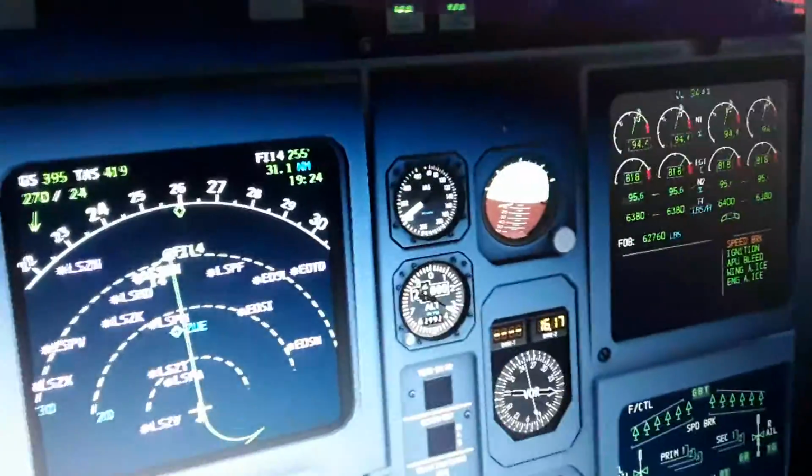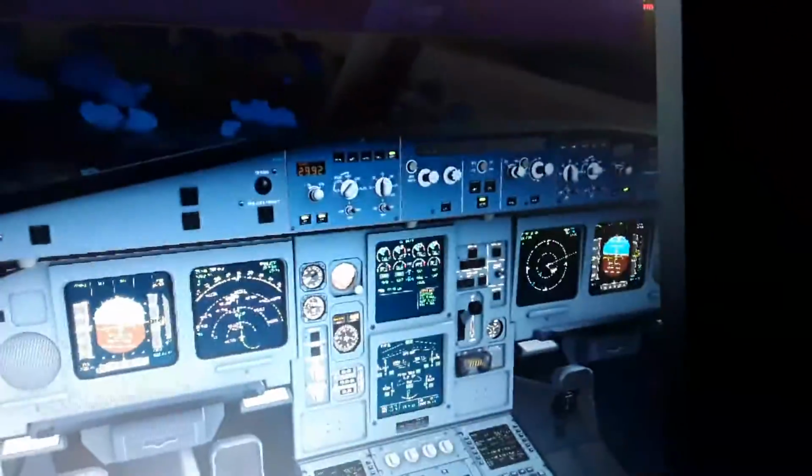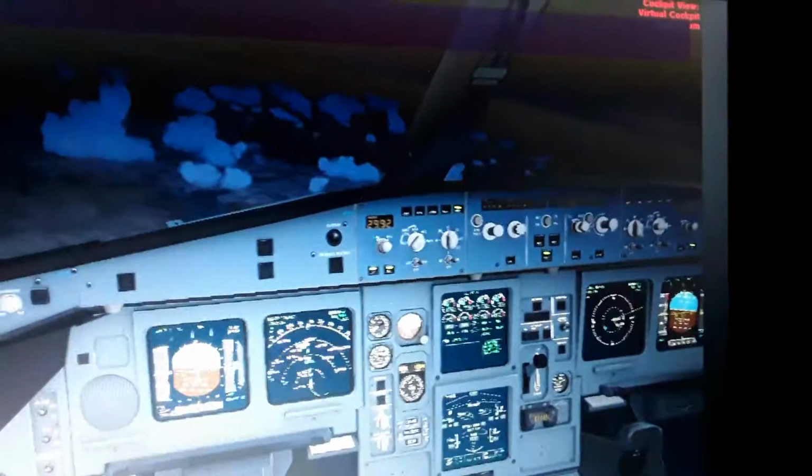31 nautical miles away. Use not speed brake to go faster.